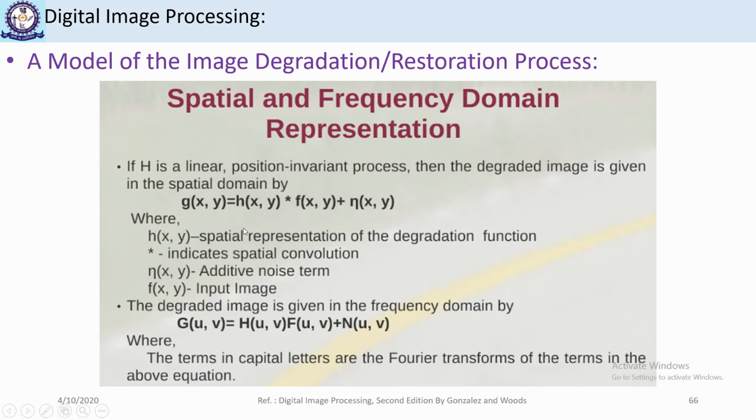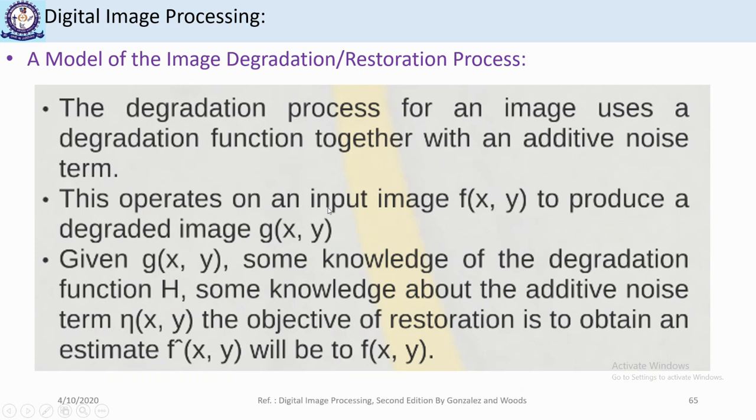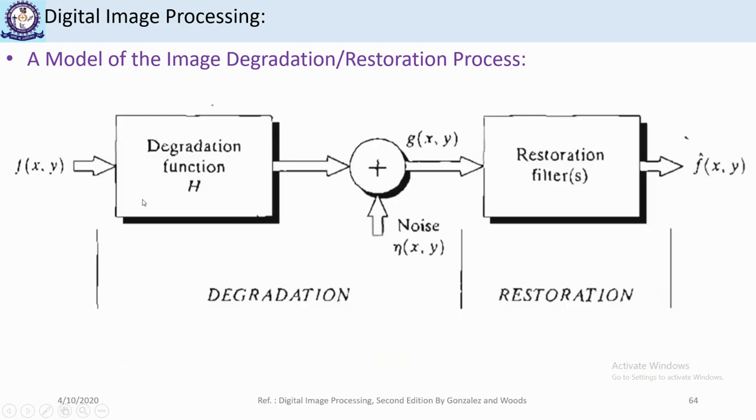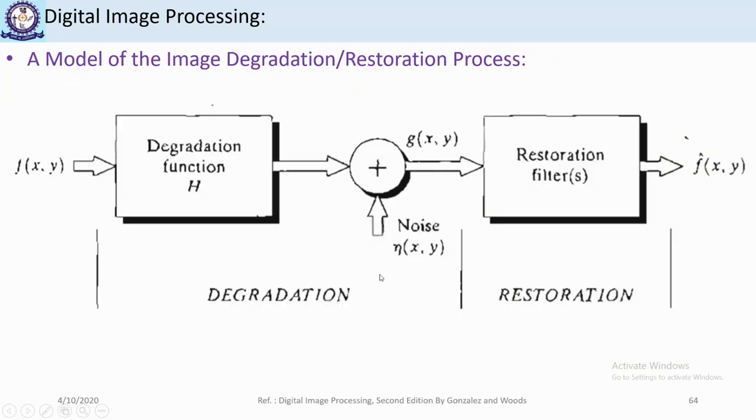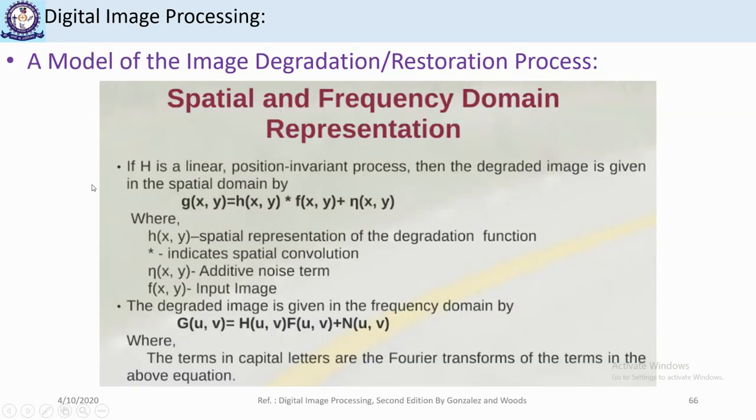So the output of the degradation function will be h(x,y) convolved with f(x,y), and when we add noise to this, we get the degraded image. This is how we represent it in the spatial domain.